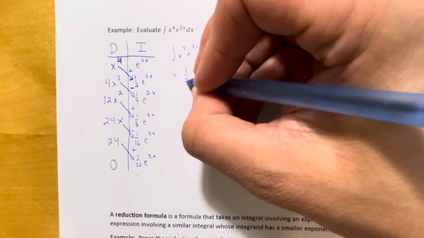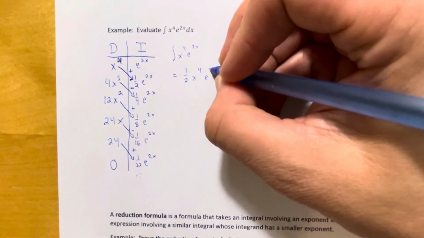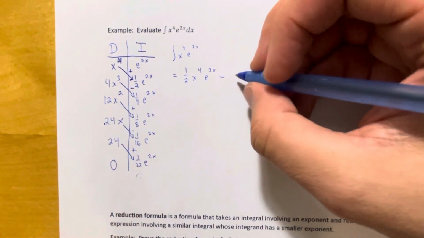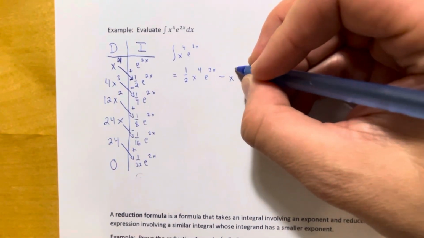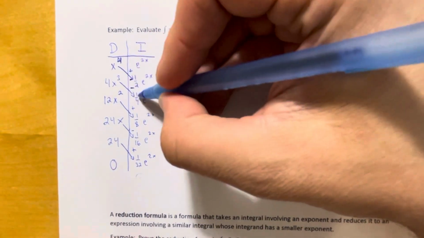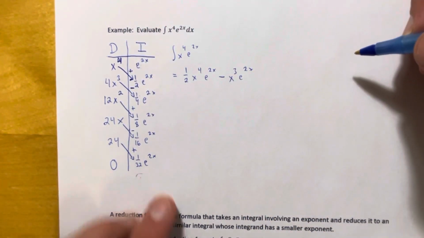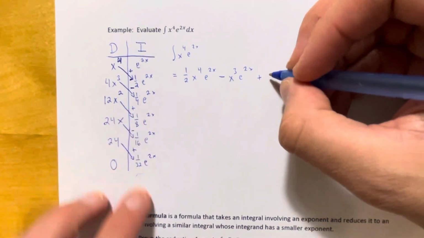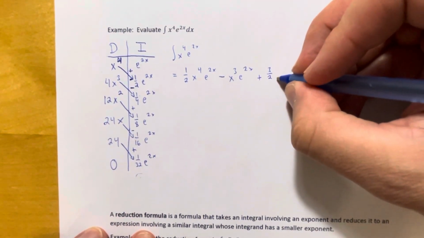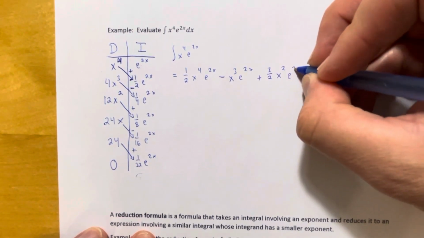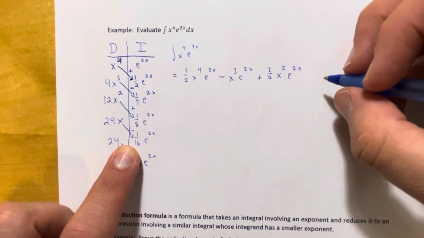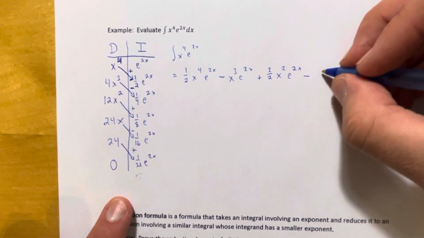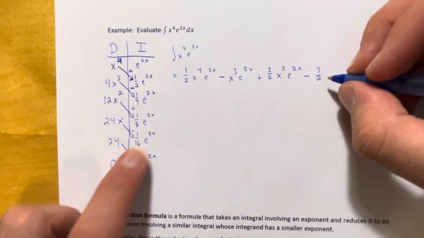That's going to look like 1/2 x to the 4th e to the 2x minus, remember that minus is there, alternating pluses and minuses. 4 times 1/4 is 1, so I'm going to get x cubed e to the 2x when I multiply these two terms because those constant coefficients cancel each other. 12 times 1/8 is 3/2, so I'm going to get plus, there's a plus there, 3/2 x squared e to the 2x. And then 24 times 1/16 is also 3/2. This is the minus term. This is my alternating terms here. I have a negative now. Minus 3/2 x e to the 2x.